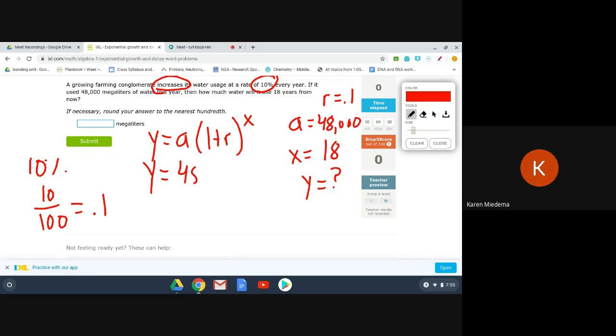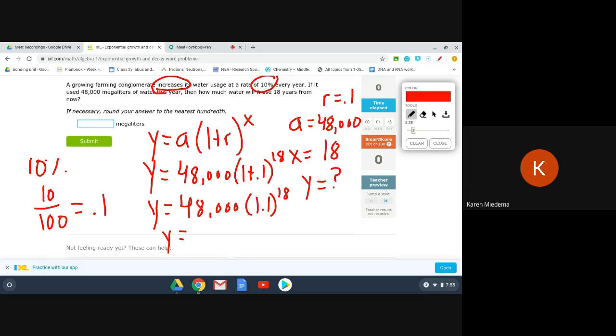y equals a, which is 48,000, times 1 plus r, which is 0.1, all raised to the x, which is 18. Now, everything on the right-hand side is just numbers, which means that you can use a calculator. However, usually I like to show this one step of simplifying what's in the parentheses. 1 plus 0.1 is 1.1 raised to the 18th.